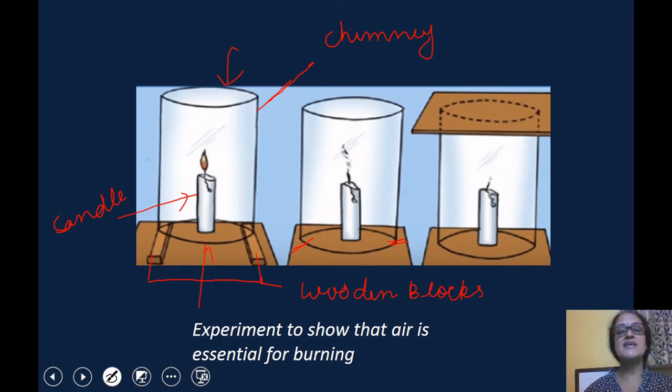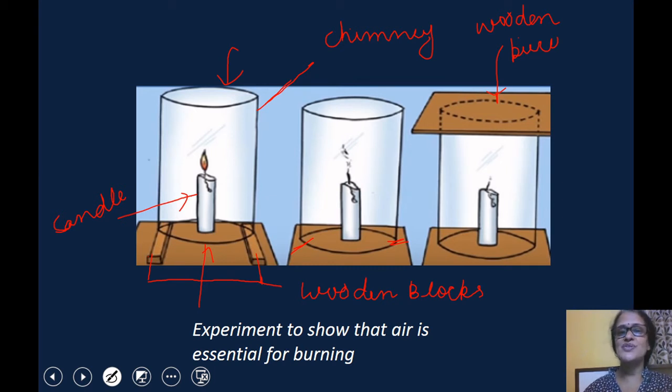Now what is happening in the third case? In the third case, there are no wooden blocks, just like the second case, but from the top we have covered the chimney with a piece of wood. This is a wooden piece. With the help of the wooden piece, we have covered the chimney from the upper side also.